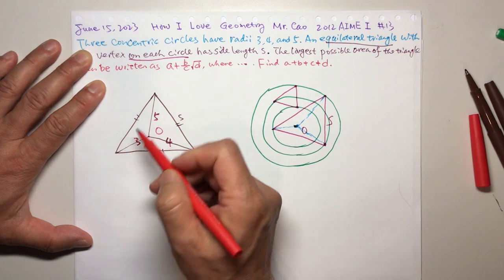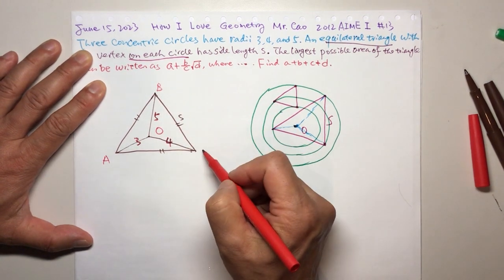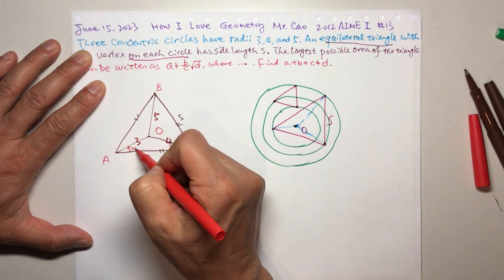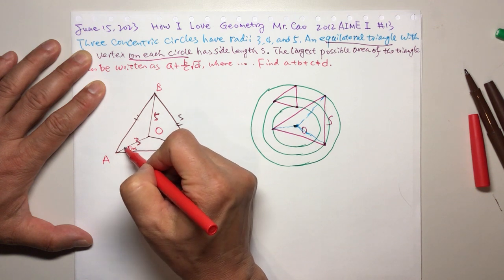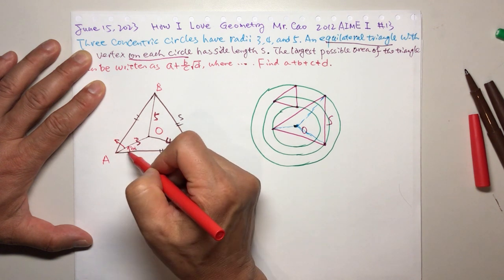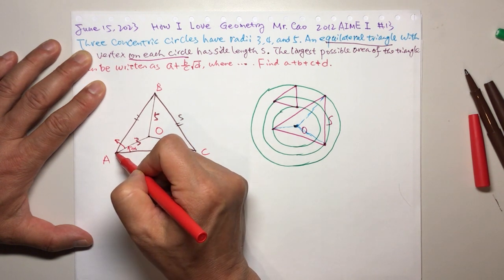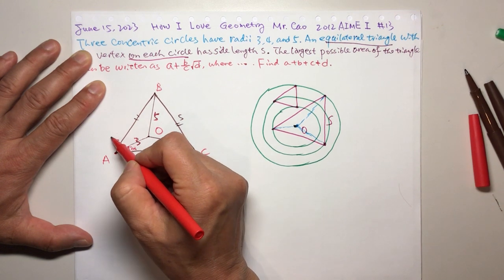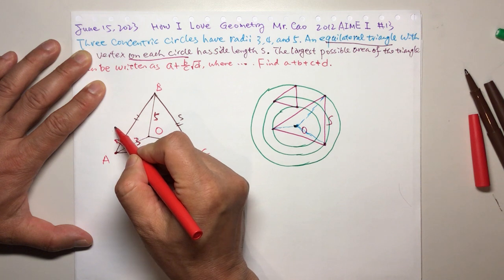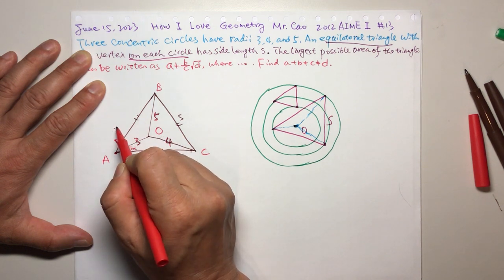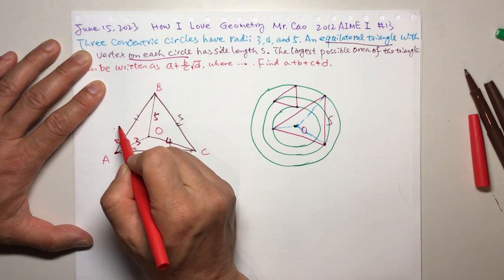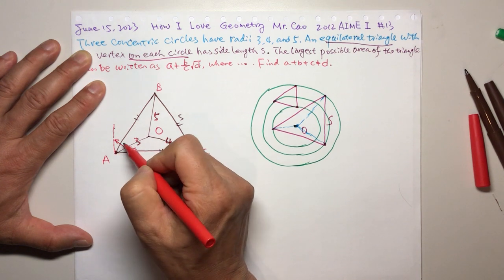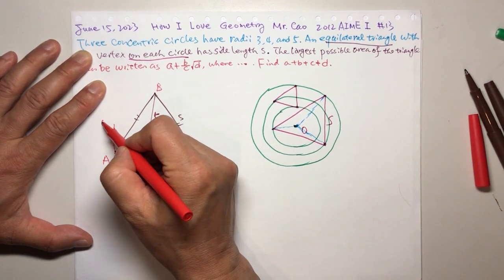So let us say A, B, C, here is O. If we say this angle is alpha, then we can rotate this AO around A by 60 degrees.